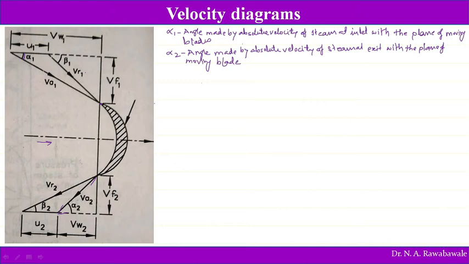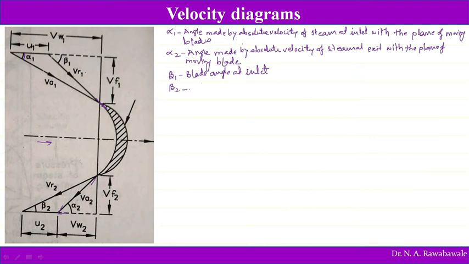Then beta 1, let beta 1 be the blade angle at inlet. So this beta 1 is the blade angle. So this is the tangential. If we take a tangent at the inner curve and extend it, this is the angle made by the blade at inlet. So this is the blade angle at inlet.